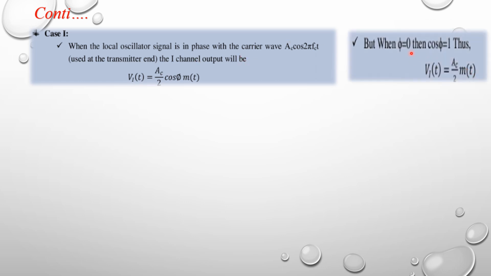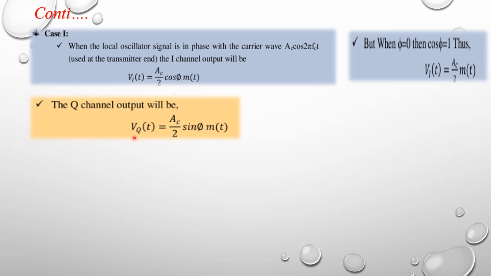When psi is equal to 0, substituting psi equal to 0, cos psi is equal to 1. The equation is Vi of t equals Ac by 2 into 1 into M of t. We get Ac by 2 into M of t. This is the in phase channel output when psi is equal to 0.